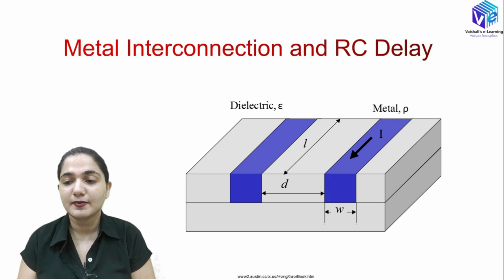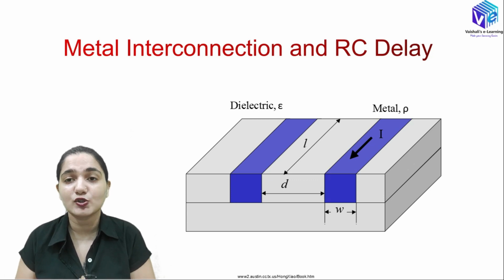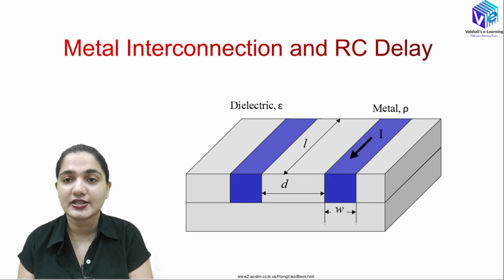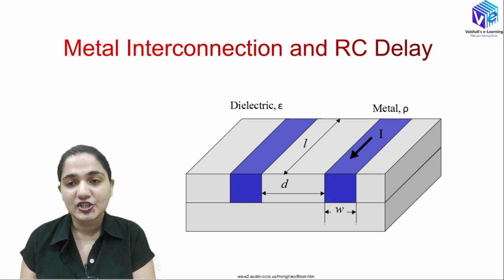Whenever we have some time constant RC, this will be giving some delay, and whenever we operate the transistor or MOS or the VLSI chip for switching purposes, there will be some delay. So this delay we have to reduce, and we are actually researching how we can reduce this delay to a very small value. We have already come to a very small value, but we are still researching how we can reduce this RC delay as much as we can.